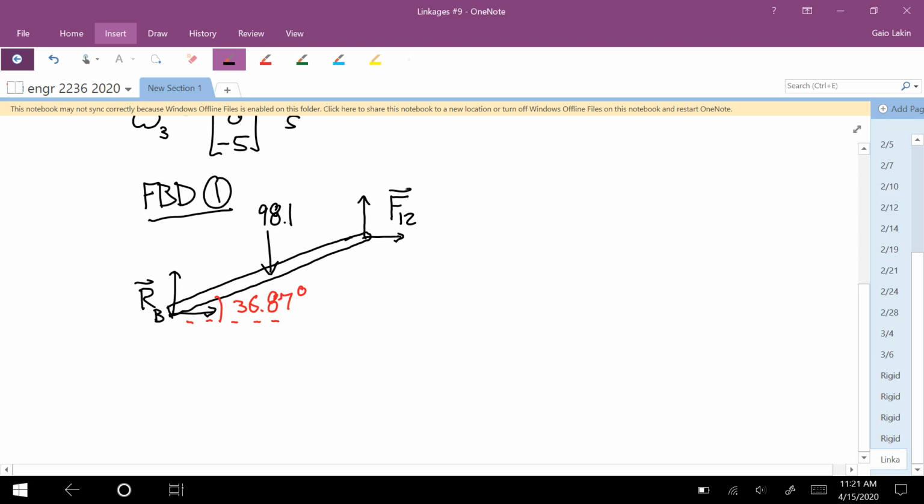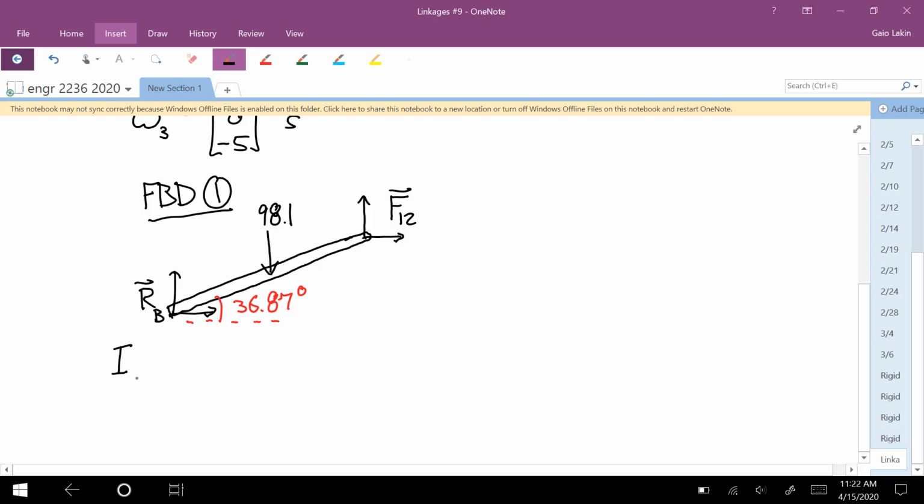And I'm sort of doing this stuff out of order. So for a rigid body problem, I always say, start by figuring out if there's a fixed point. There is a fixed point, and that means we have to calculate the moment of inertia about the fixed point.